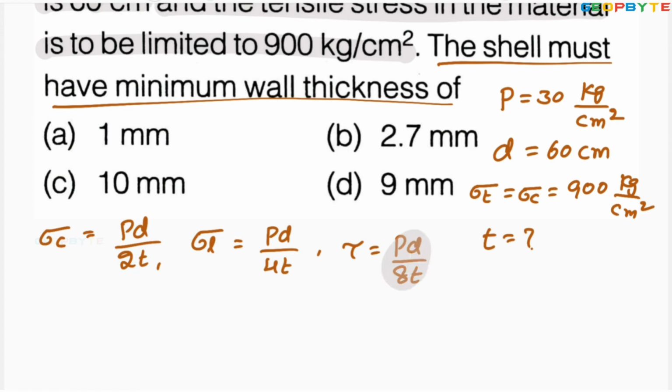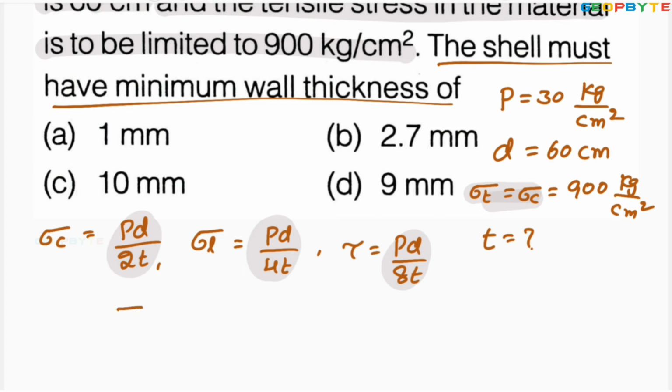Shear stress is very less comparatively. Since the circumferential stress is the highest stress for the thin cylindrical shell, the thickness will be decided based on the maximum stress. That's why I took the given stress as maximum stress.